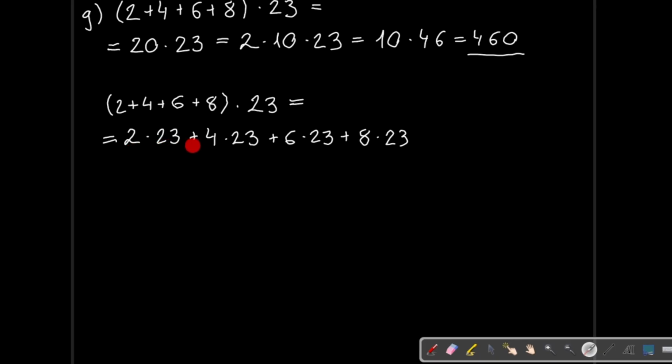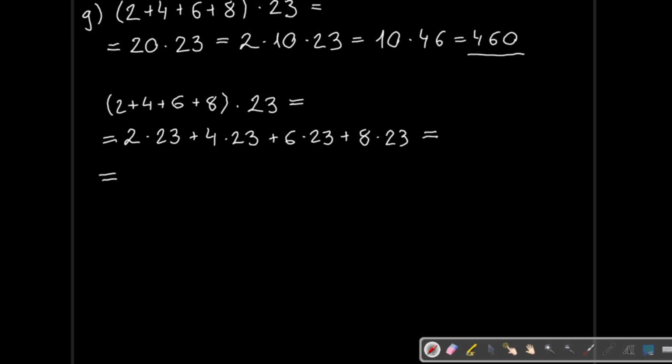So 2 apples, plus 4 apples, plus 6 apples, plus 8 apples gives us 20 apples. Now, if we chose that method, if we just continue in the way we continued here, that would give us 460. But okay, let's just do the multiplications just to practice.